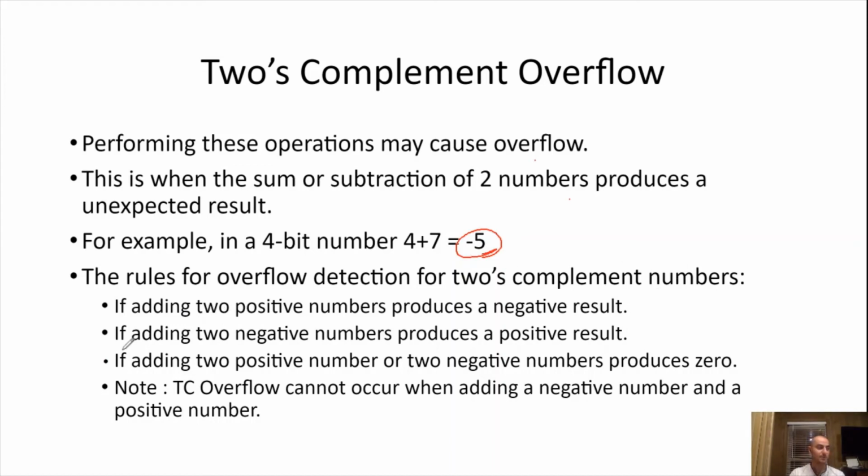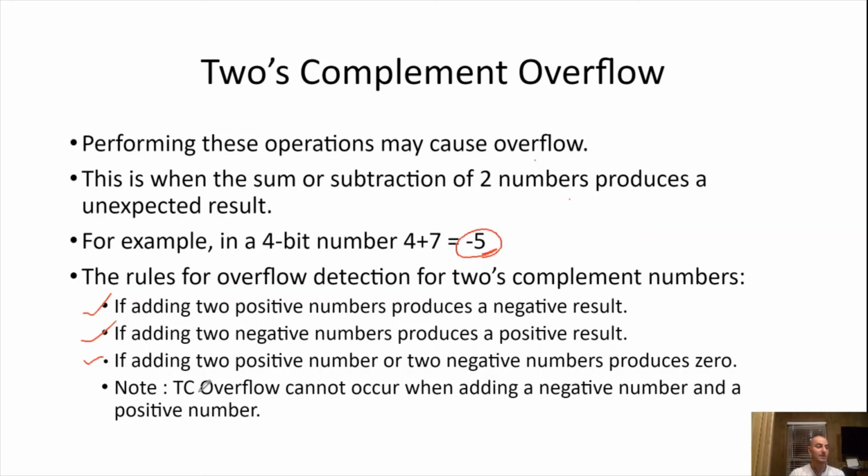So this was the example. If we add two negative numbers and we get a positive, overflow. If adding two positive or two negative numbers produces 0, that's overflow. Impossible. If you have two positive numbers, you add them, or you add two negative numbers, you cannot get a 0.